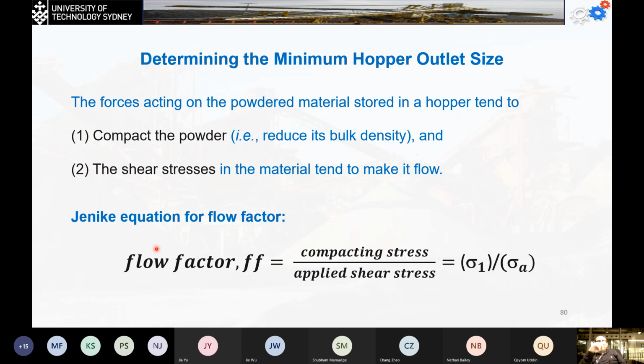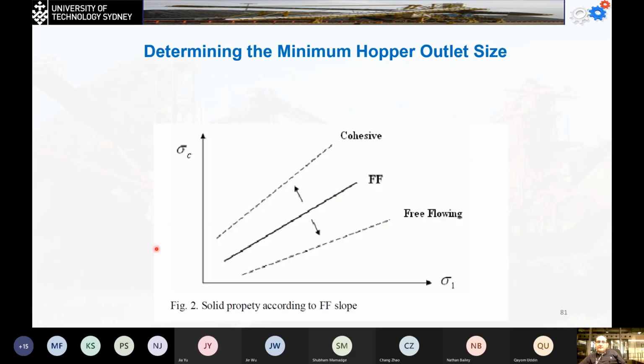Okay, so the flow factor is going to be defined as follows. We do the graph of sigma C, the critical stress, over sigma 1, which is the normal stress. The FF value, or the flow factor, is the slope of this line.